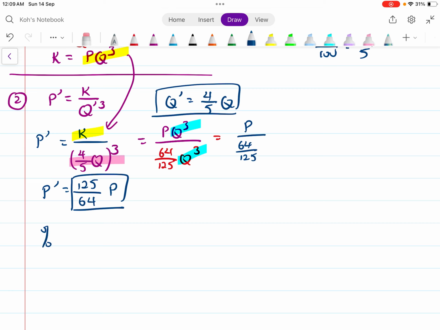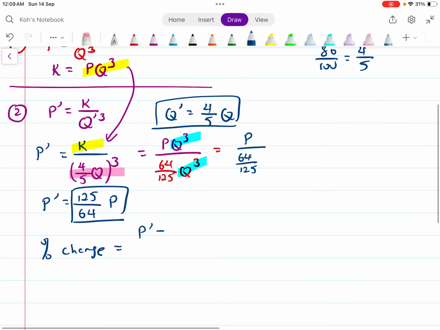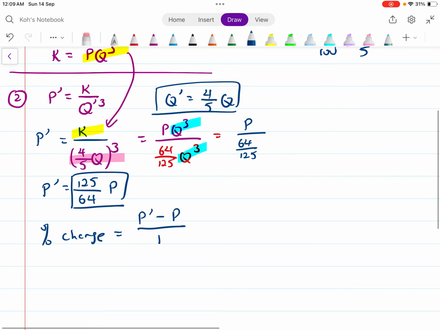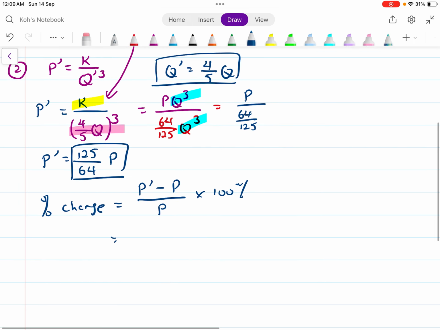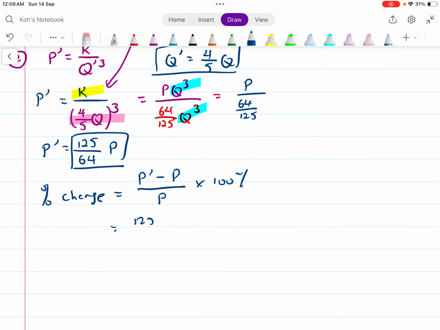Remember the formula: percentage change is equal to the new P, P prime, minus the original P, over the original P, multiplied by 100%. This gives 125 over 64 P minus P, over 1P, multiplied by 100%.